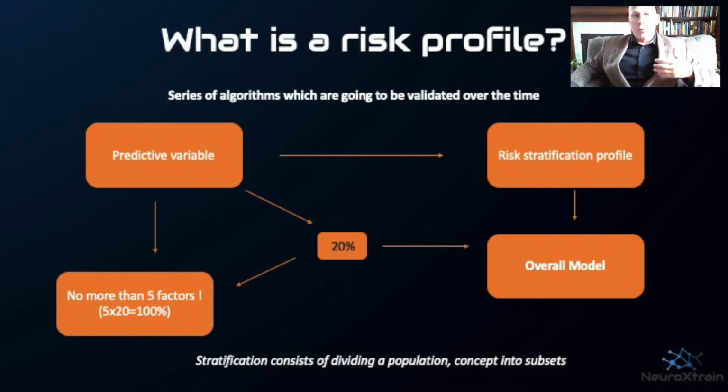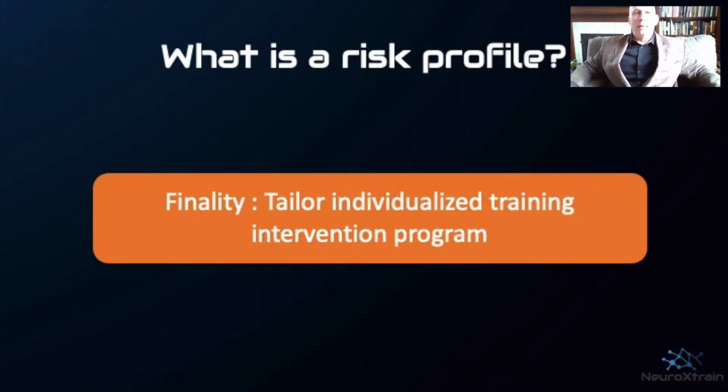Well, if you want each factor incorporated into your model to account for at least 20% of the variation, that means you need no more than 5 factors. So this is what we proposed in 2019 and what we've been trying to put together ever since.